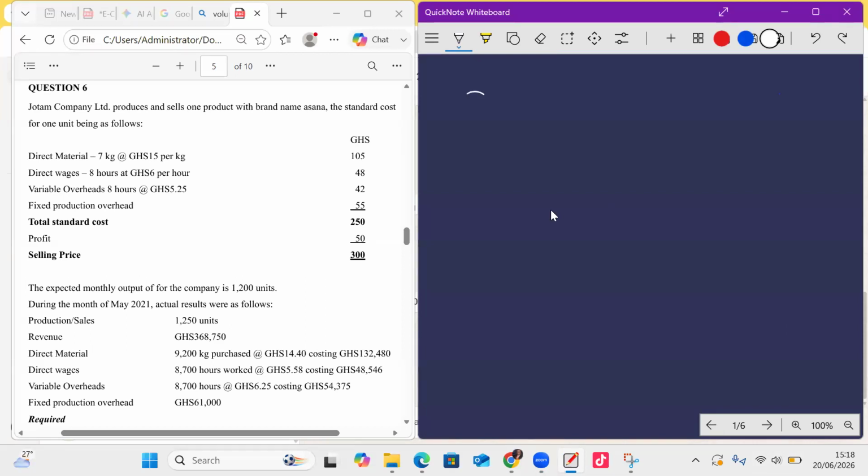So we have the standard costs, which is by the organization or by the firm. And then we will have what is called the actual costs, which is the market price.